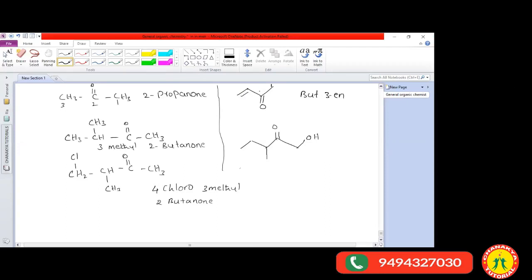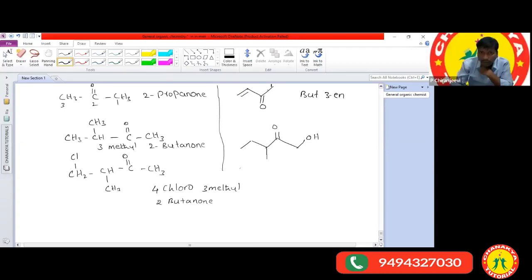No, 1. Sorry, we have to start from here only. 1, 2, 3, 4. So it is but-3-en-2-one, because the ketone functional group is present at the second carbon atom. So that's why we write it as but-3-en-2-one. And what is the next one?